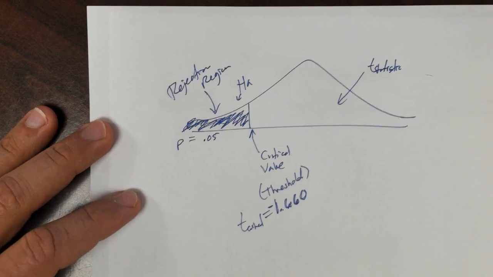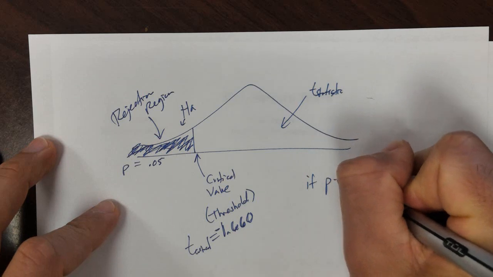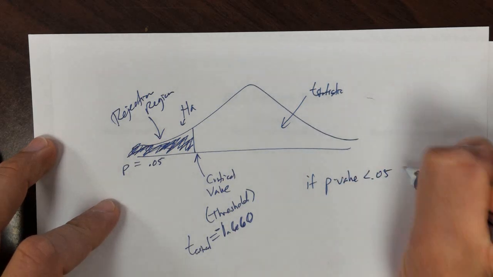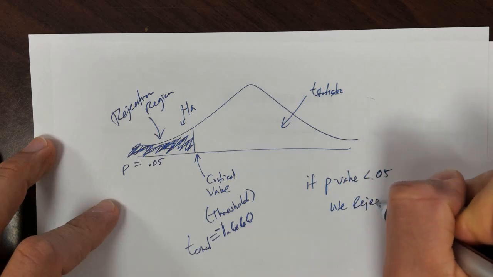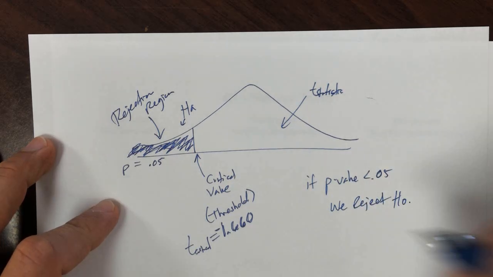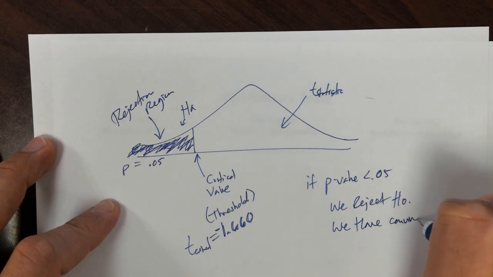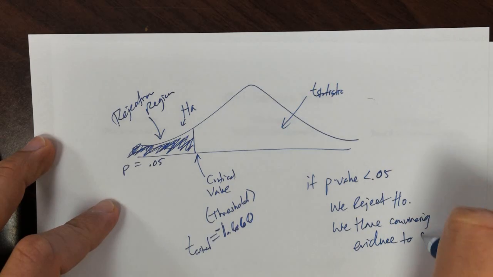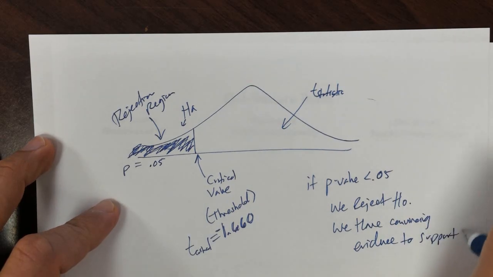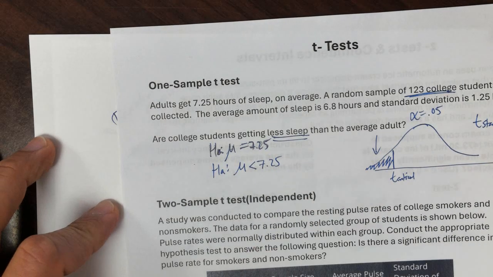So the only thing you're allowed to say is, if the p-value is less than 0.05 in this case, right? We reject the null. We have convincing evidence to support whatever HA is, which in this case is that they actually sleep less, right?